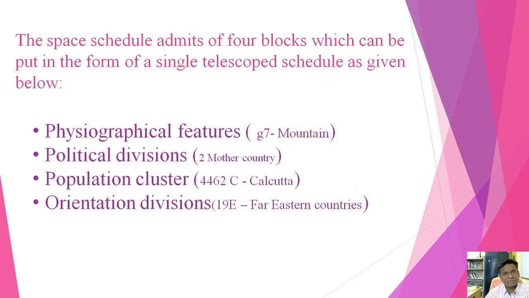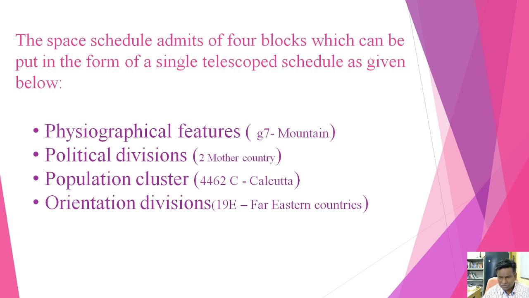The space schedule admits 4 blocks which can be put in the form of a single telescoped schedule as given below. They are categorized into four: physiographical features, political divisions, population cluster, and orientation division.